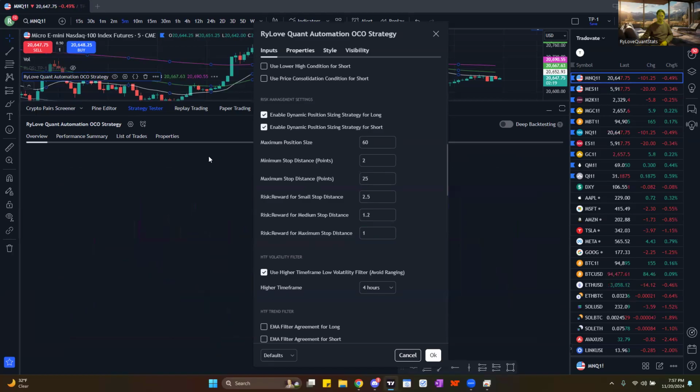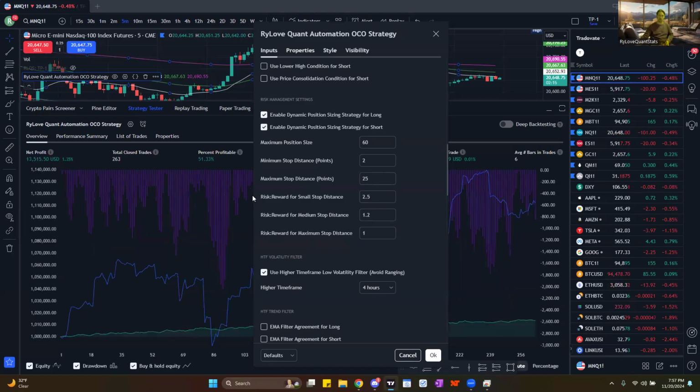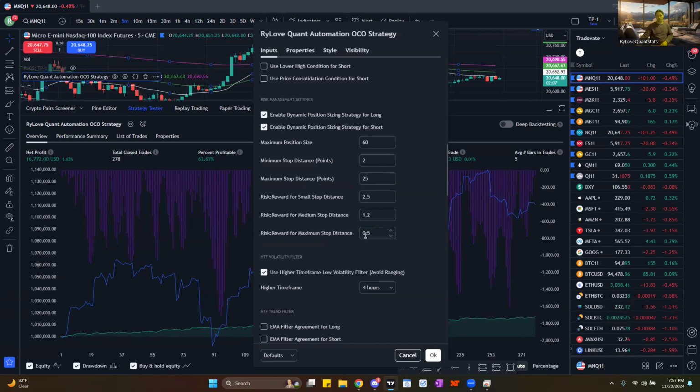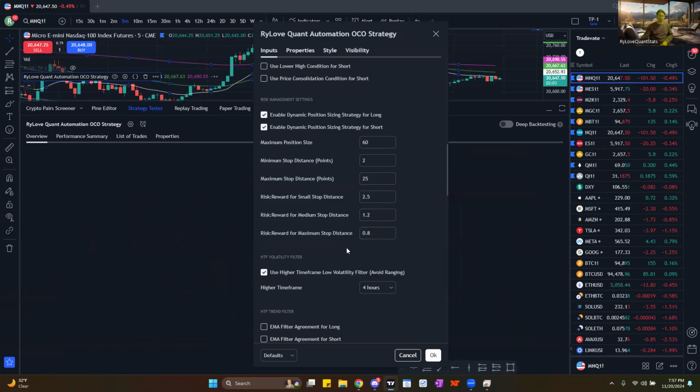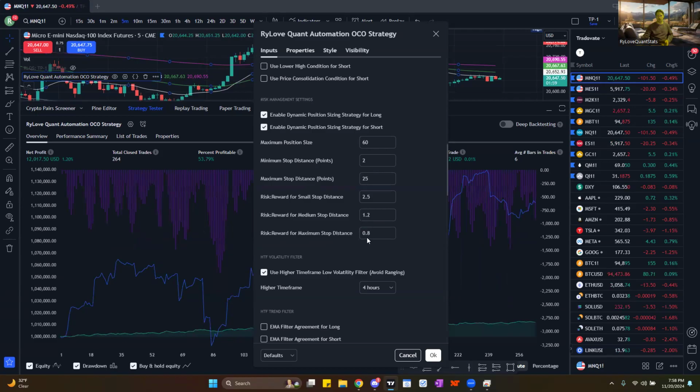If I change this to one, it'll drop our win rate like 10% or something, and it's actually less profitable. I wanted the higher win rate as well as to win more. You could probably change this to, I don't know, 0.8 or something like that, and just play around with it, see how it updates. But I found really good success with the 0.5.